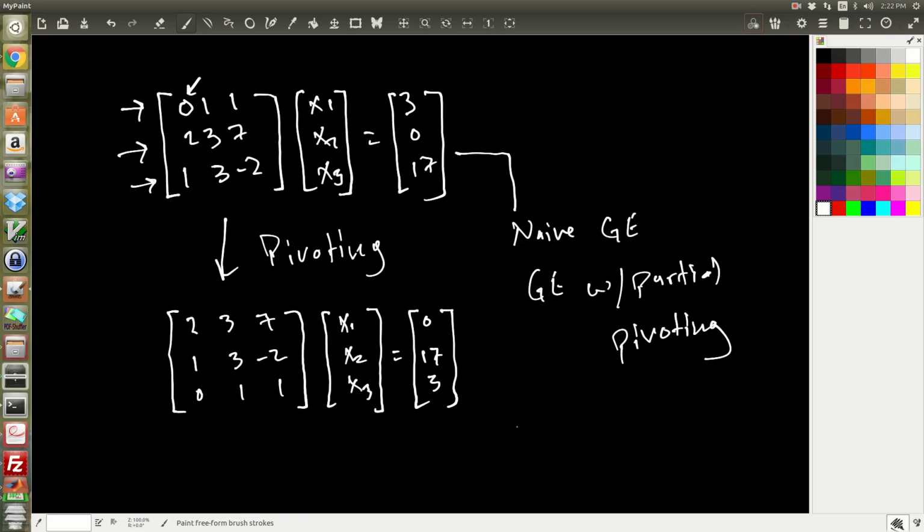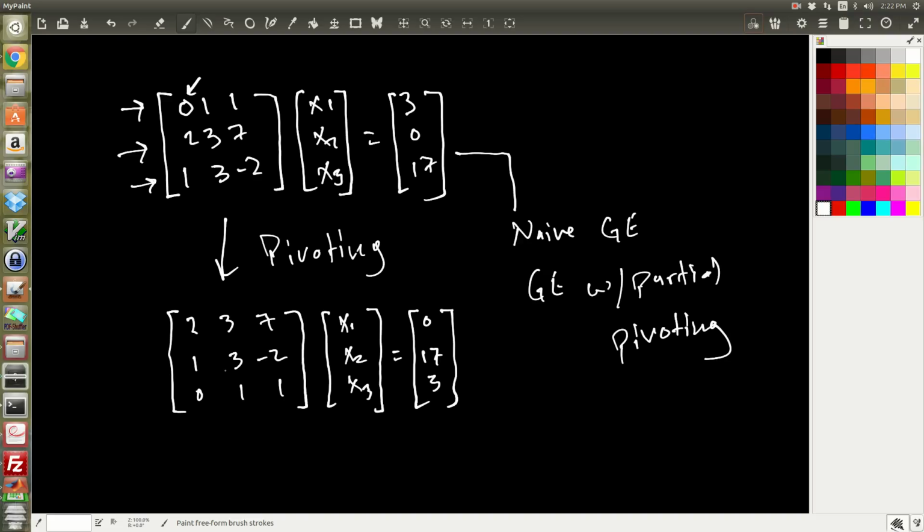Partial pivoting, because you can do a full pivoting, which is where instead of just swapping rows, we also consider swapping columns in the matrices. That would be full pivoting. But when we just do partial pivoting, we just talk about swapping rows, and that tends to be enough. It's efficient. It's the most efficient kind of Gaussian elimination method.